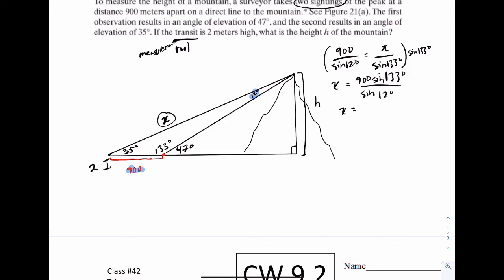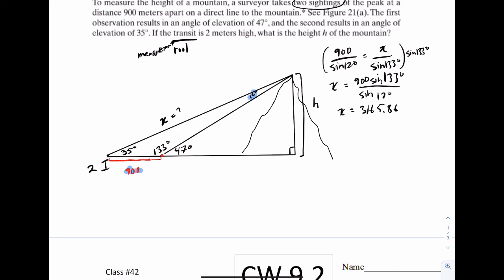So x should equal 3165.86. So right here we can fill this in. 3165.86. Now of course that's not the answer, we found x, but we can do a little trick now.